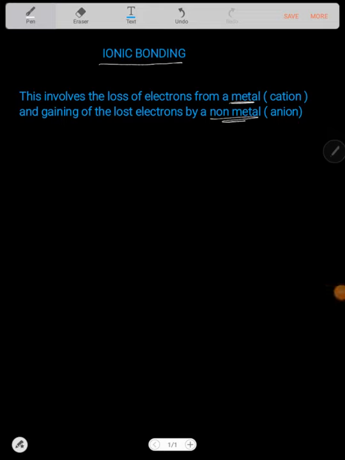Ionic bonding is also known as electrovalent bonding.